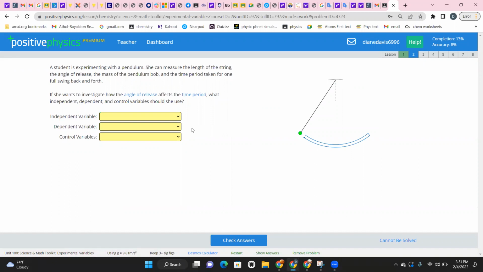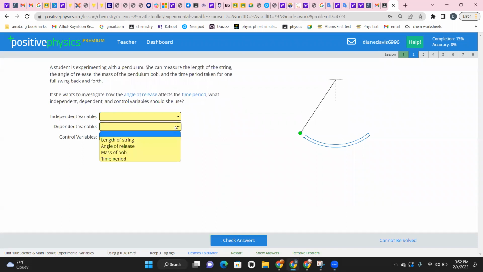Okay, a student is experimenting with a pendulum. She can measure the length of the string, the angle of release, the mass of the pendulum bob, and the time period taken for one full swing back and forth. So she wants to see how the angle of release affects the time period.